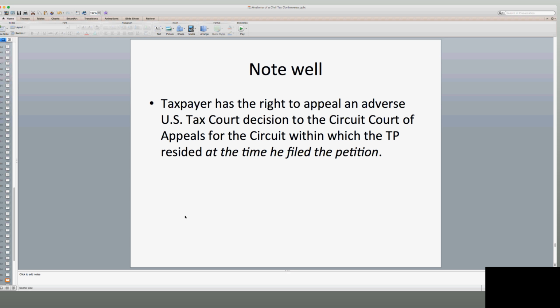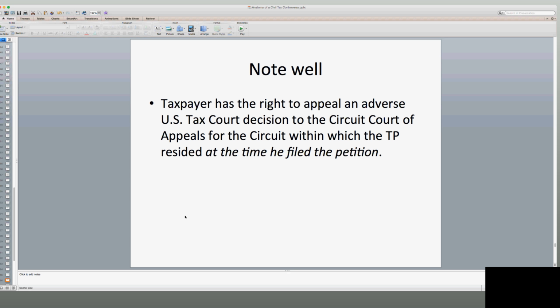If there is no published case law precedent in New York U.S. Tax Court on that issue, then the precedent will be governed by the Second Circuit, because that is basically the circuit where the taxpayer resided at the time he filed the petition.